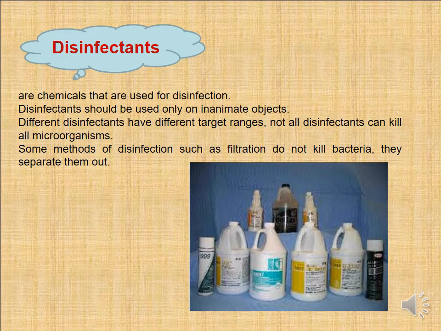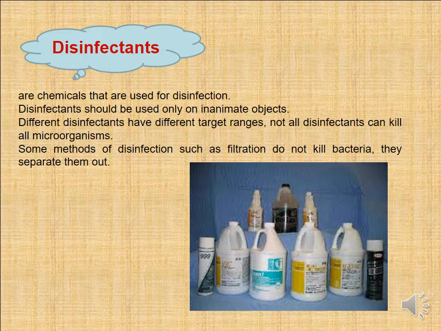The material used for disinfection is called disinfectants. Disinfectants are chemicals that are used for disinfection. A disinfectant should be used only on inanimate objects. Different disinfectants have different target ranges. Not all disinfectants can kill all microorganisms.